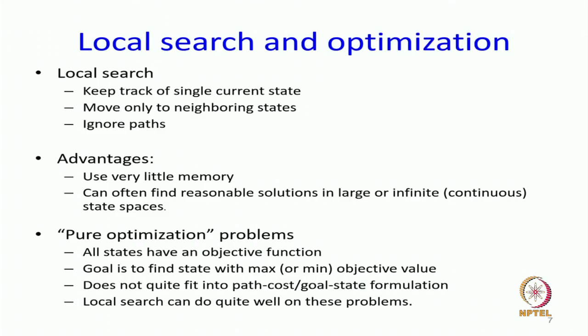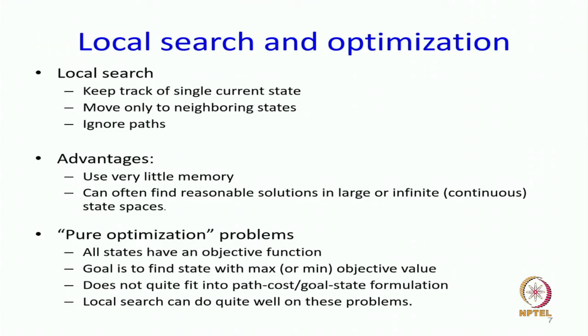Okay. And just to give you a heads up of where we are heading, local search is this mechanism which only keeps track of a single state, does not worry about everything else, how it reached there, etc. It just worries about the single state, and it moves to neighboring states, which is why it is called local search.